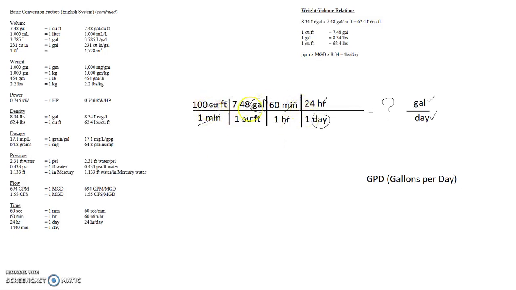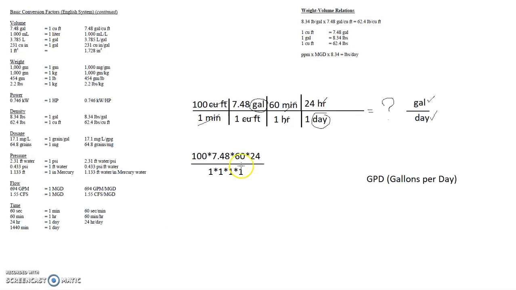Well, what do you do next? Well, you multiply through. You say 100 times 7.48 times 60 times 24, and that's all going to be divided over 1 times 1 times 1 times 1. It's not always so simple. Sometimes you do have non-1 numbers in the denominator.